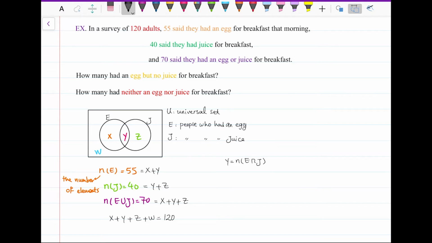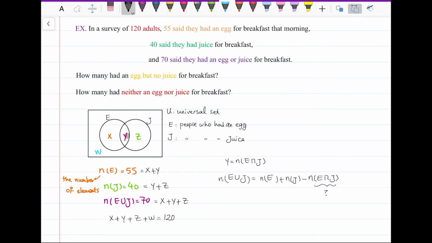If you remember the union rule for set theory, N of E union J is N of E plus N of J minus N of E intersection with J.